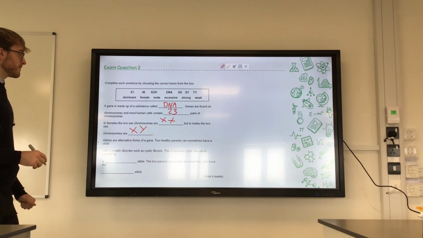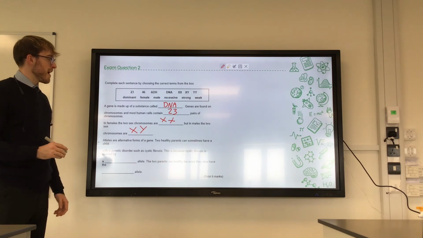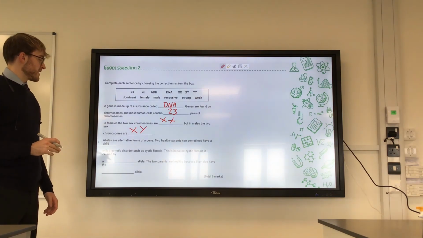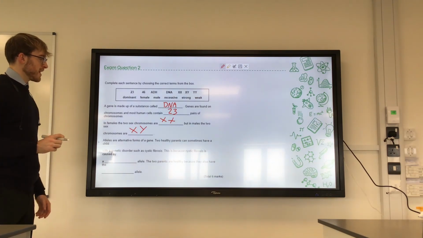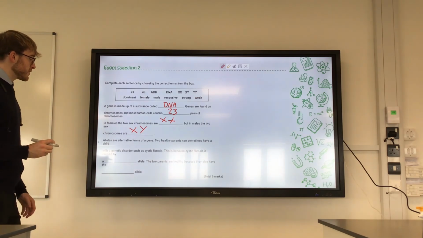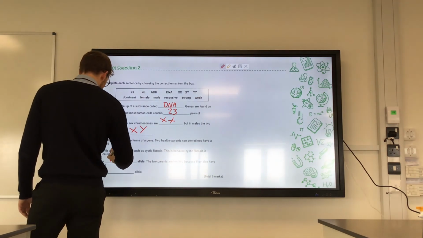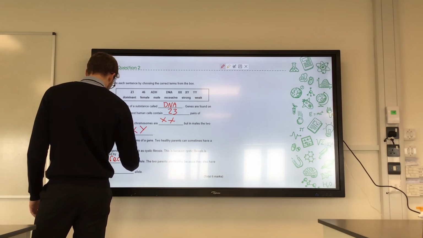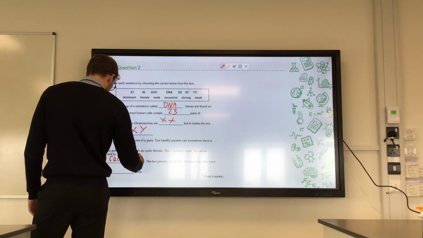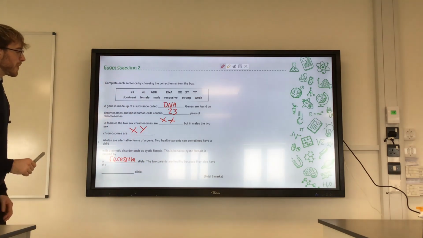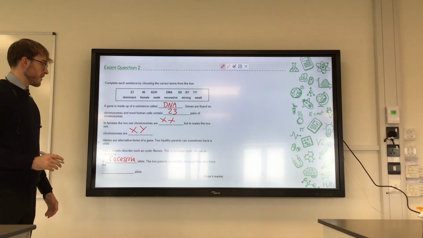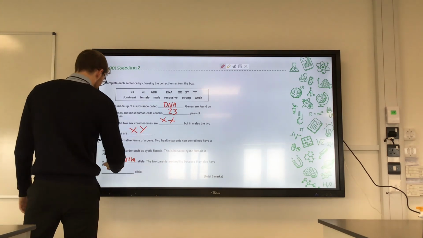Alleles are alternative forms of a gene. Two healthy parents can sometimes have a child with a genetic disorder such as cystic fibrosis. This is because cystic fibrosis is caused by a recessive allele. The two parents are healthy because they also have a dominant allele.